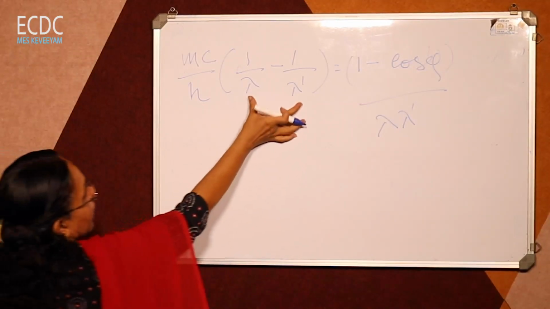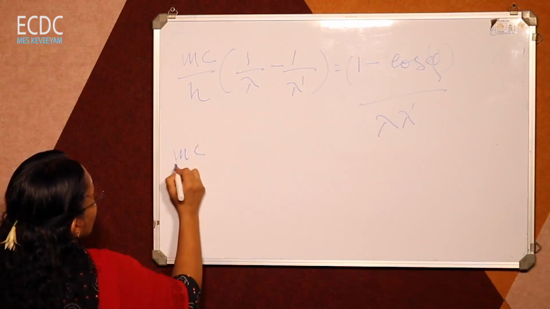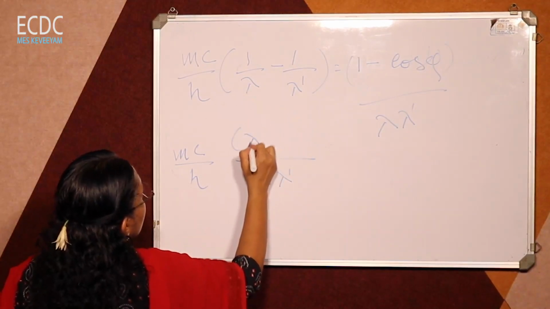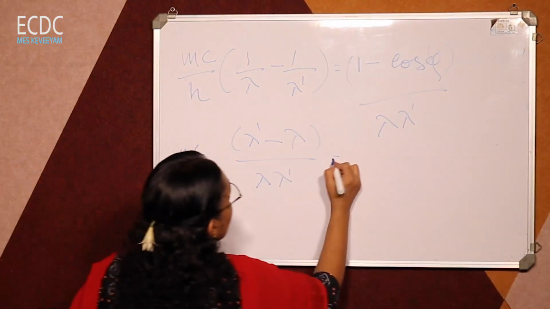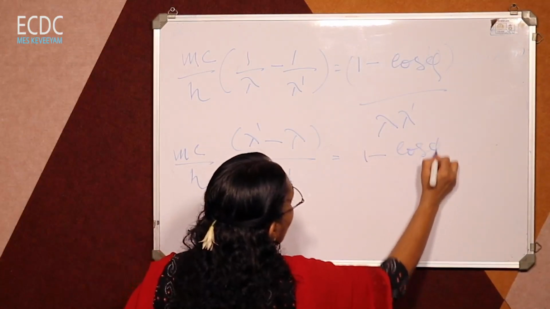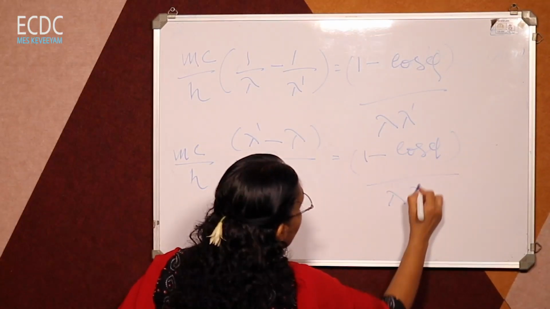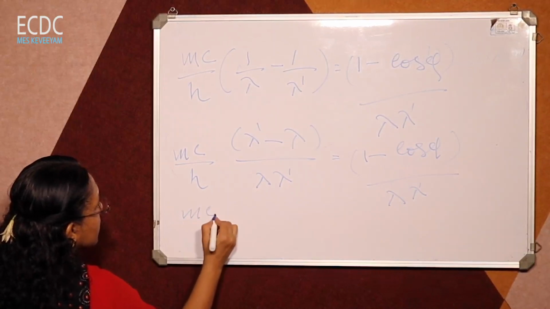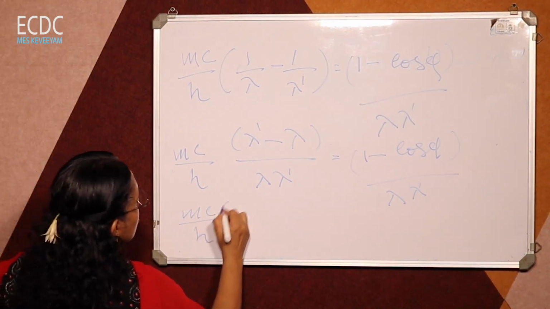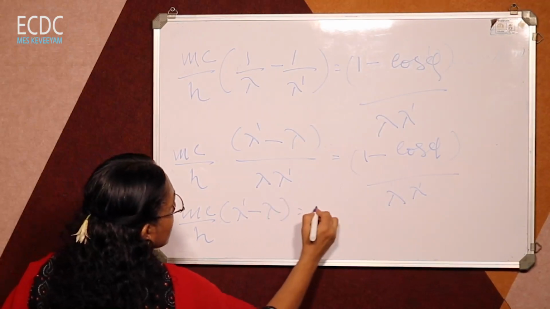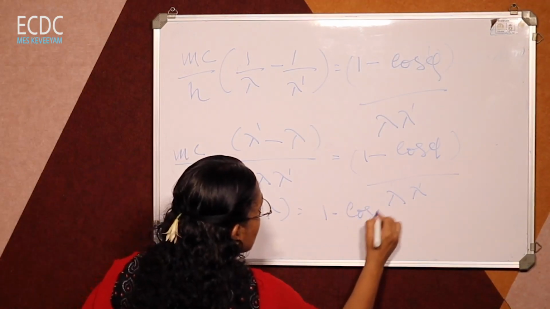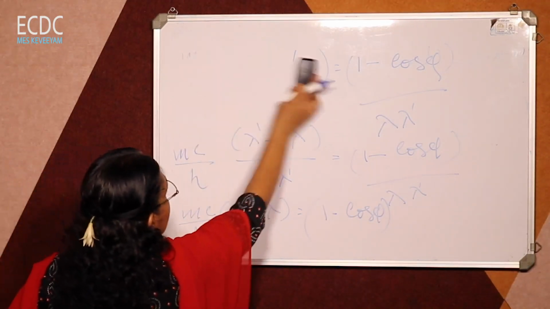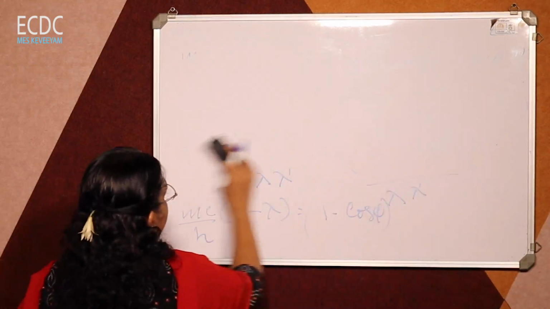Again we can take the LCM and rearrange this equation. So mc by h into λ′ into (λ′ minus λ) equal to (1 minus cos φ) divided by λ′. So λ and λ′ get cancelled, and we can write mc by h into (λ′ minus λ) is equal to 1 minus cos φ.